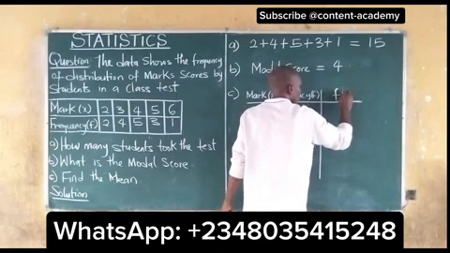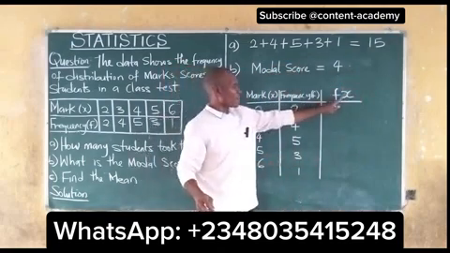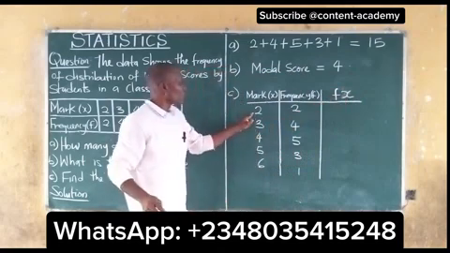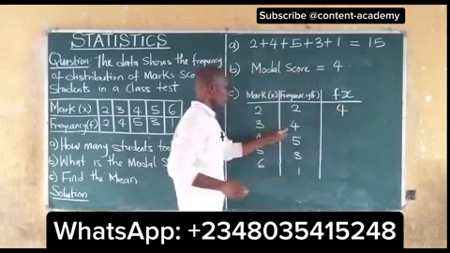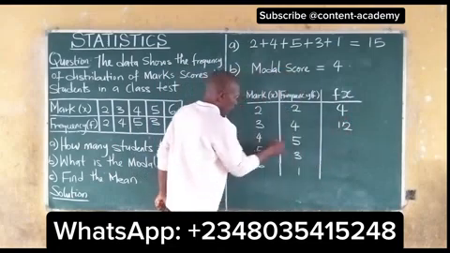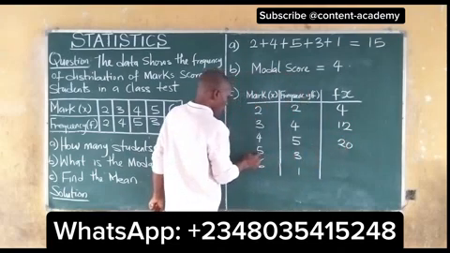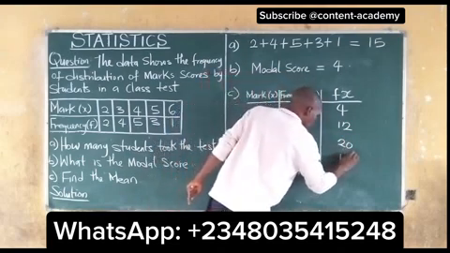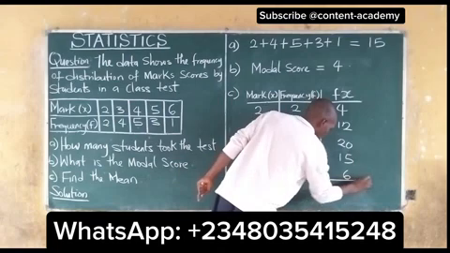It means f multiplied by x, which is 2 multiplied by 2, which will give us 4. 3 multiplied by 4 will give us 12. 4 multiplied by 5 will give us 20. And 5 multiplied by 3 will give us 15. And 6 multiplied by 1 will give us 6.